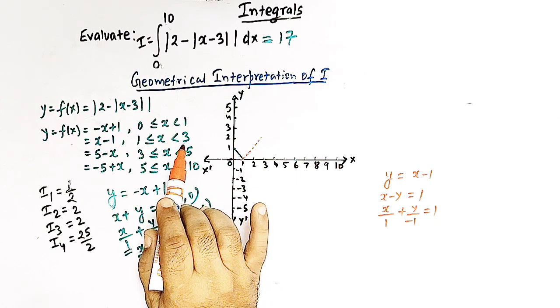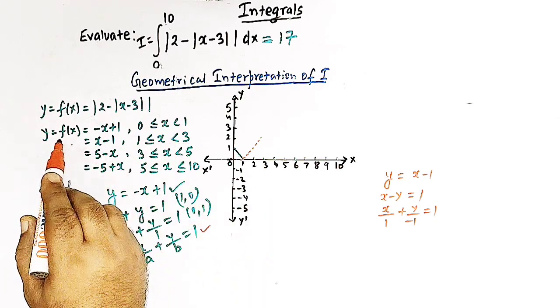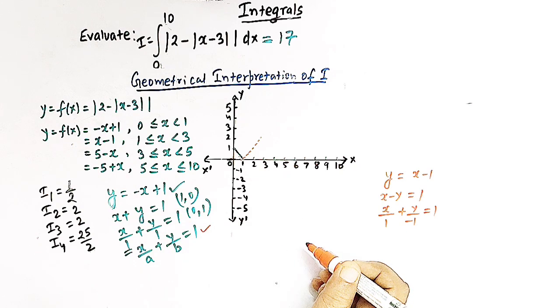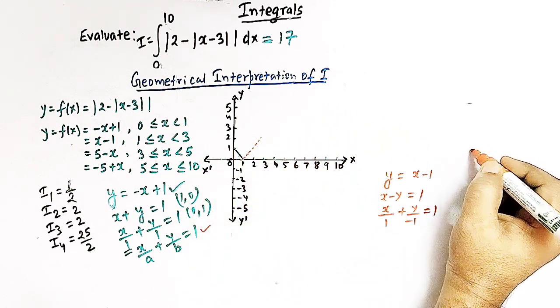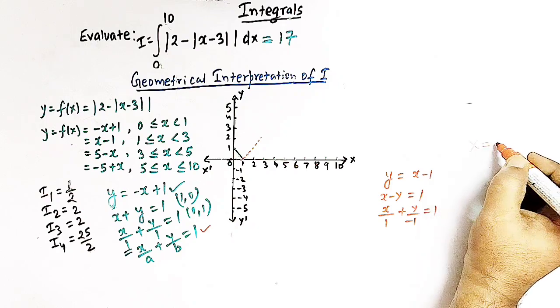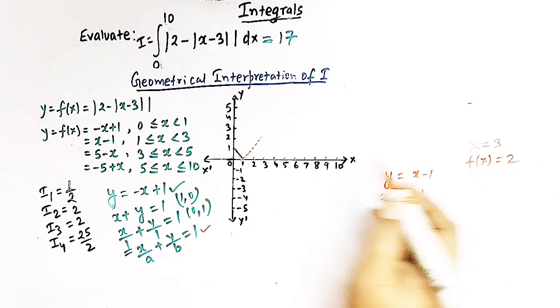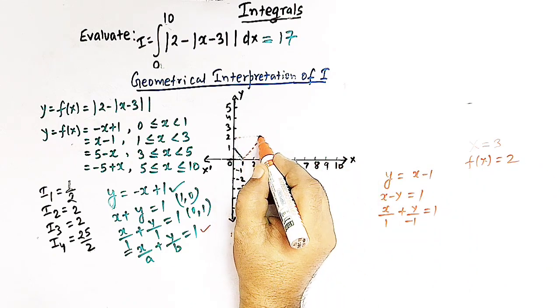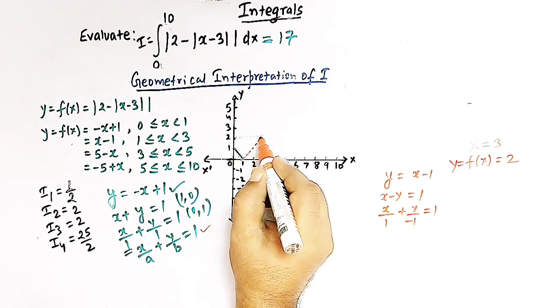So now when we have x is equal to 3, then f of x is equal to 2, as we have calculated in the beginning. So here we have f of x is equal to 2, that is y is equal to 2 line.